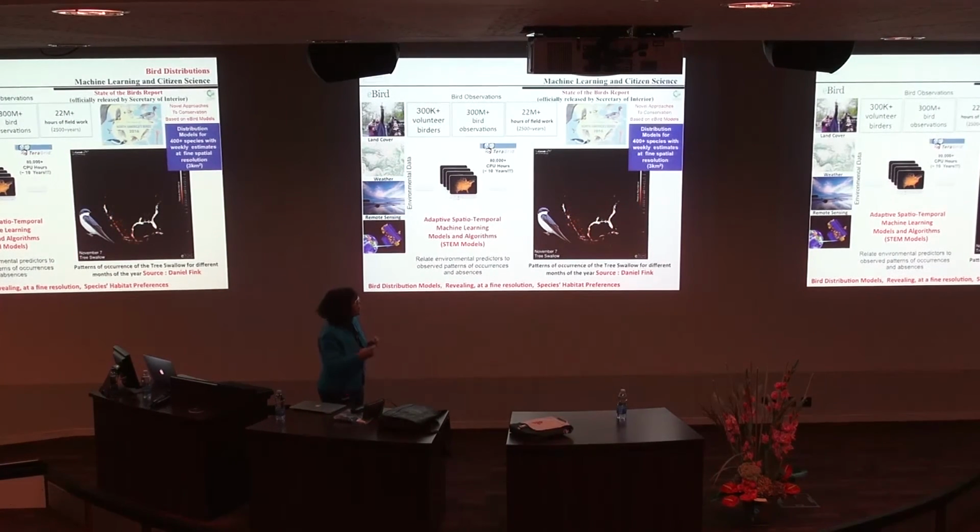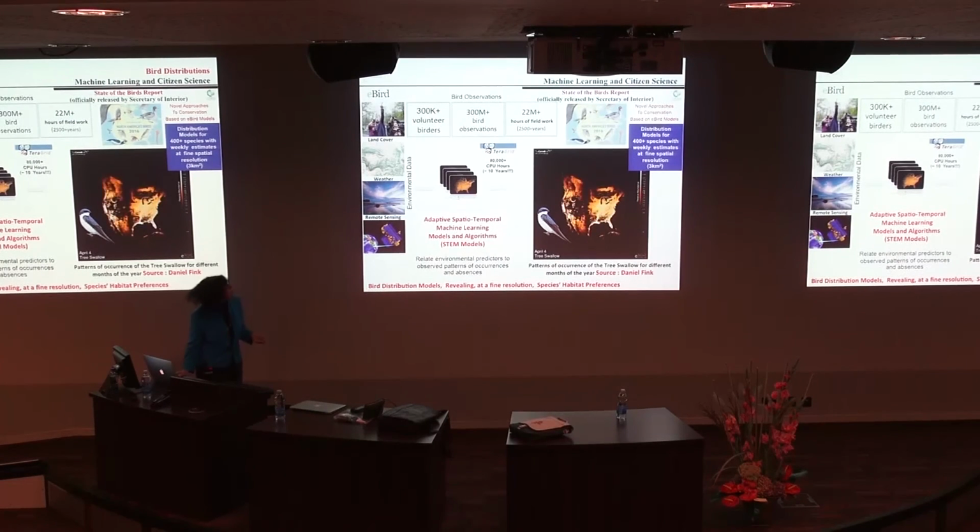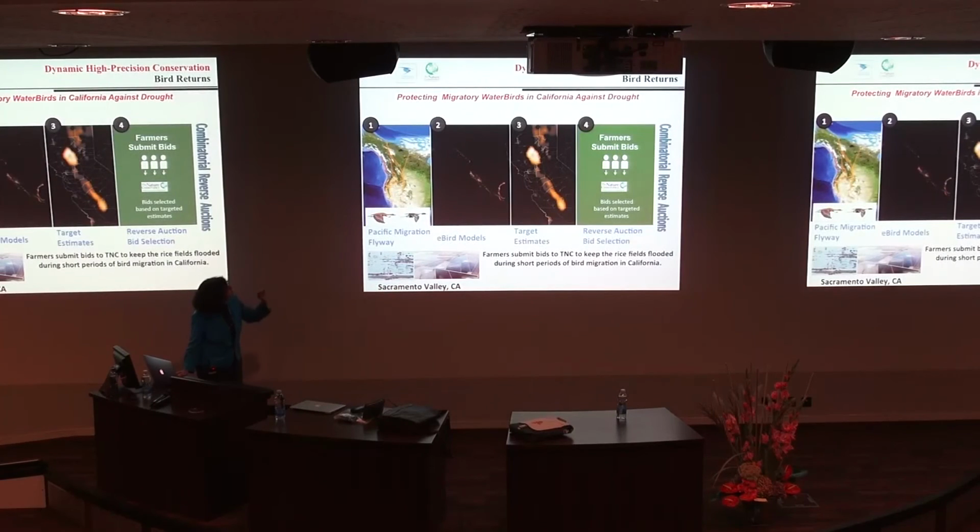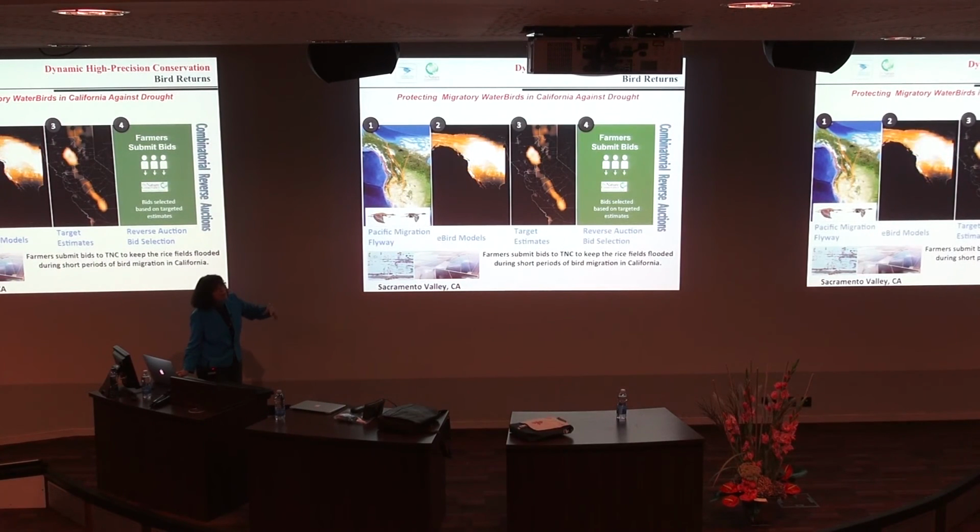Humans are still by far the best sensors to identify birds, and we combine these to produce these very nice distributions of the species. And in fact, now we have a good understanding of how the species are distributed. Because of that, we are actually working with the Nature Conservancy to create habitat in California for the birds.